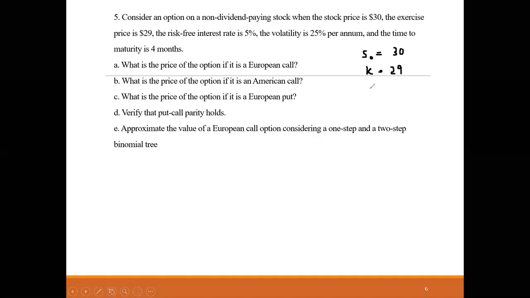The risk-free interest rate is 5%, r is 5%. The volatility is 25% per annum. Volatility will be given as sigma, the standard deviation. And the time to maturity, T, is 4 months, so it is 4/12 if you take it in years.